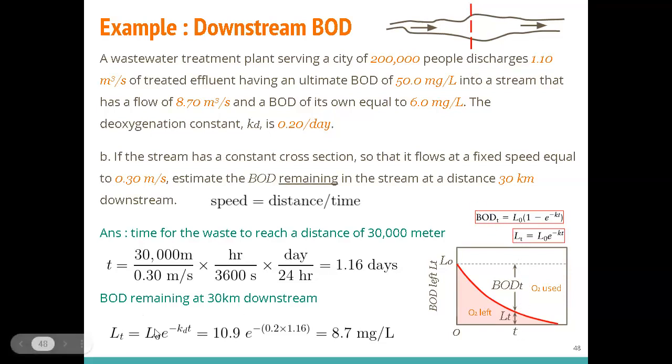So in LT, substitute the initial ultimate carbonaceous biochemical oxygen demand, L0. You got that from part A of this question, okay? And KD is given to you, reaction rate constant 0.2 per day, and after 1.16 day, the oxygen demand left behind is 8.7 milligram per liter.